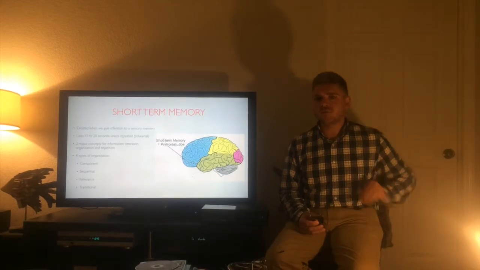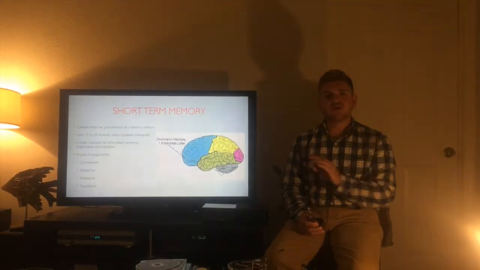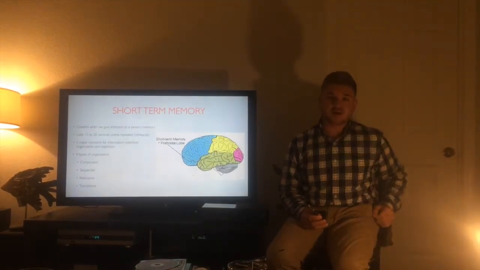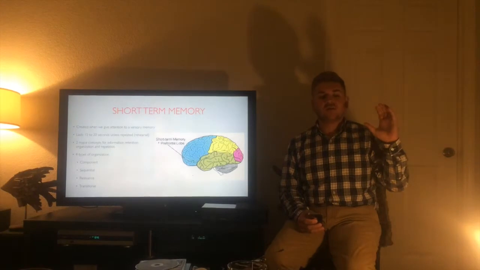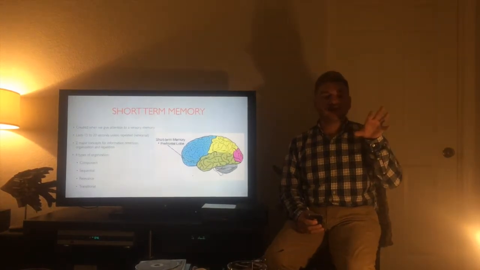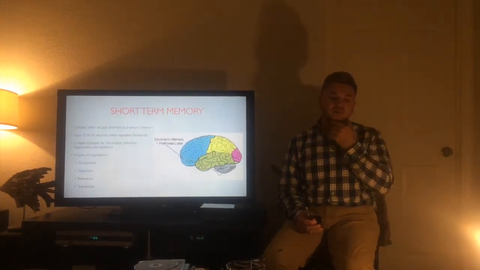Another important component of short-term memory that we use a lot of times in the classroom is chunking of information. This is taking pieces of data and breaking them into units.